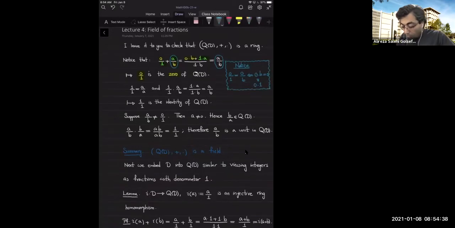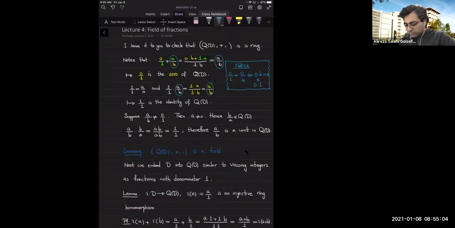Now, how about 1? Now, 1 over 1 times a over b, by definition, is 1 times a over 1 times b, which means it is a over b. So this means, again, when I multiply it by a over b, I end up getting a over b, and therefore 1 over 1 is the identity of this ring.